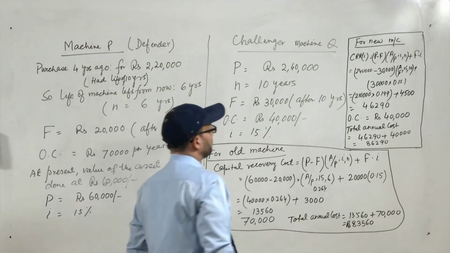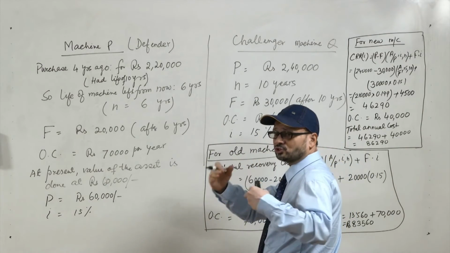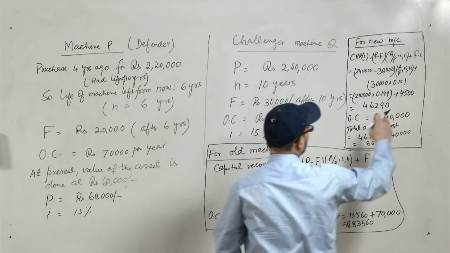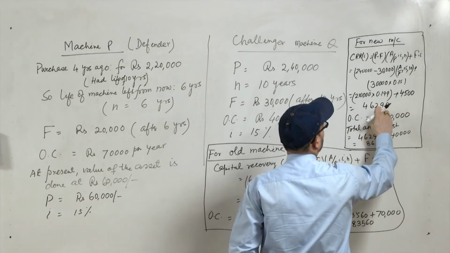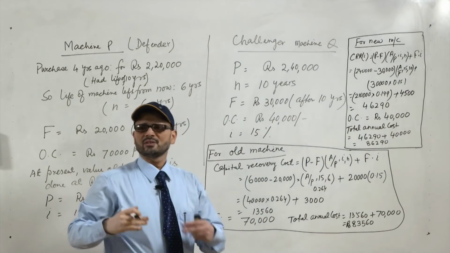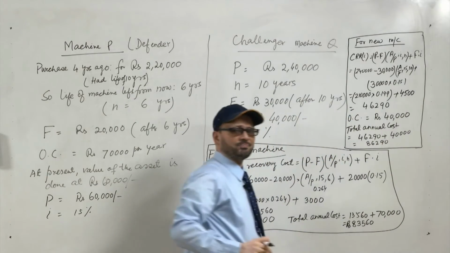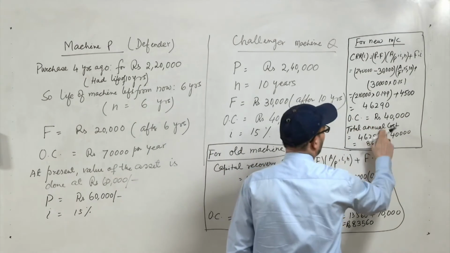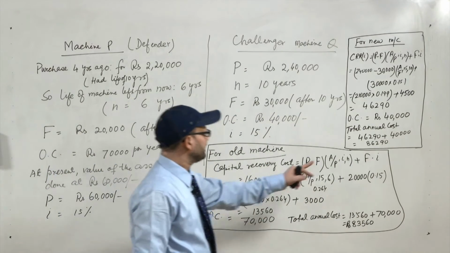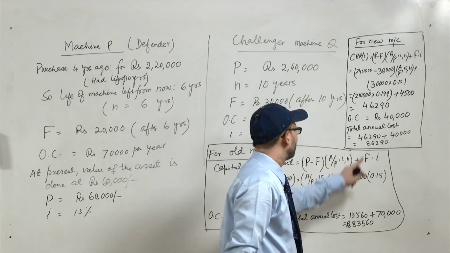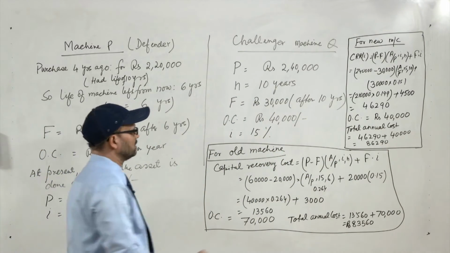In the new machine, since it is a costly machine, even though it is used for a larger time, the capital recovery cost comes out to be 46,290, but its maintenance cost is quite low, and in spite of that the total annual cost comes out to be 86,290. So, we see that there is some difference in the total annual equivalent cost.